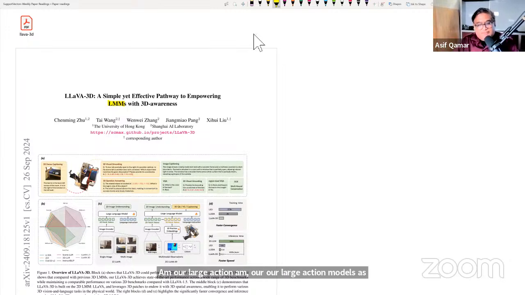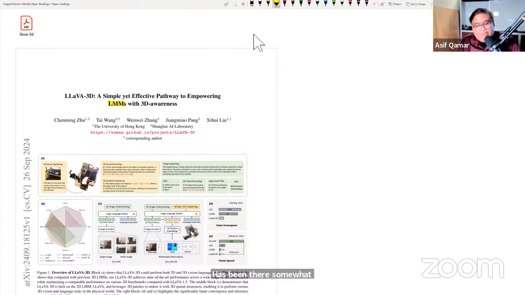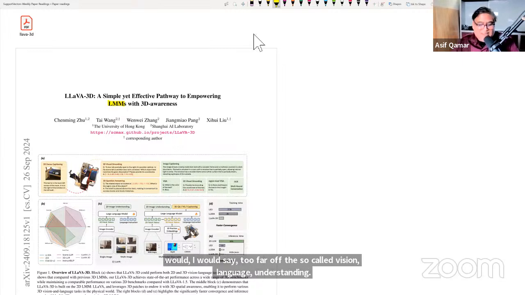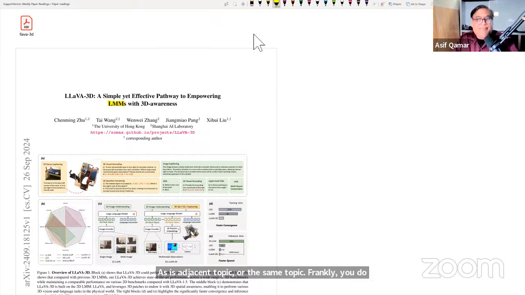So this vocabulary is growing these days. LLM has been used somewhat interchangeably, and I wouldn't say too far off. The so-called vision language understanding is an adjacent topic or the same topic. Frankly, you do vision language understanding using LMM, large multimodal models.